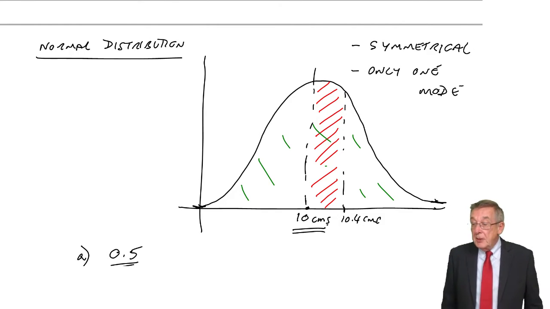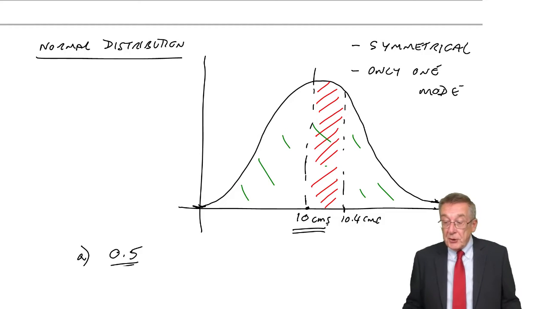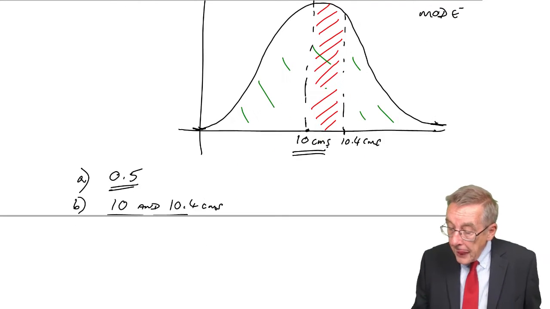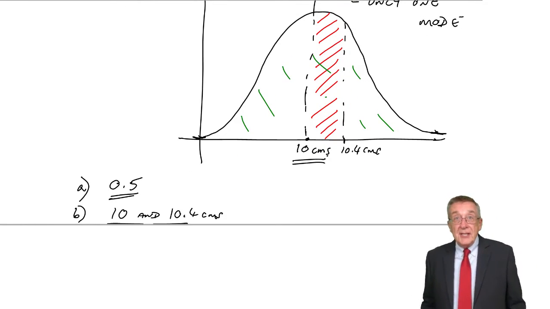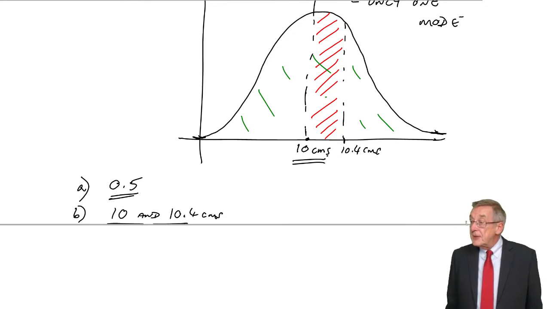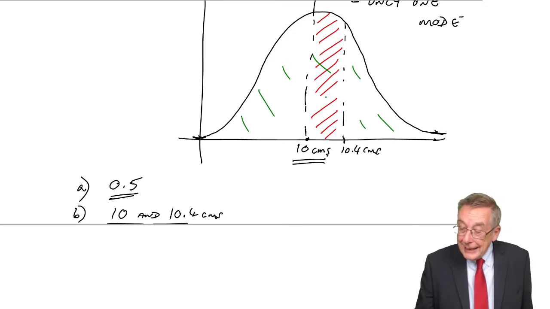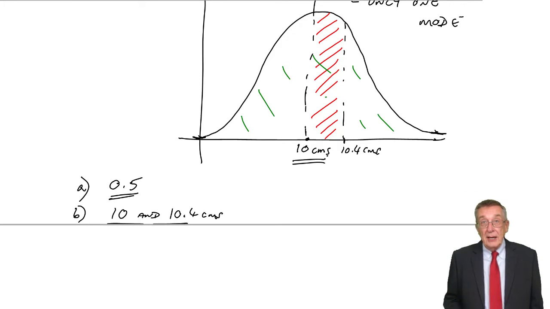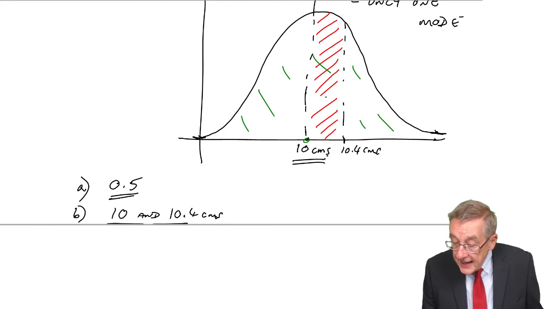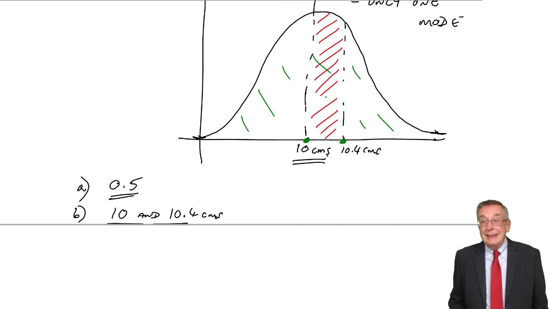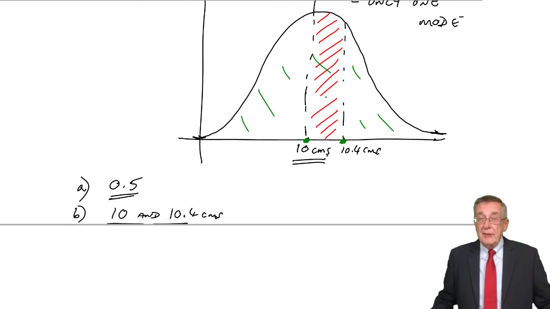Well, with a normal distribution, we don't have to go around counting squares on graph paper. We can look up on tables, and you're given the tables. You can look up the area under the curve, any area between the mean and some other point, as a proportion of the total area.